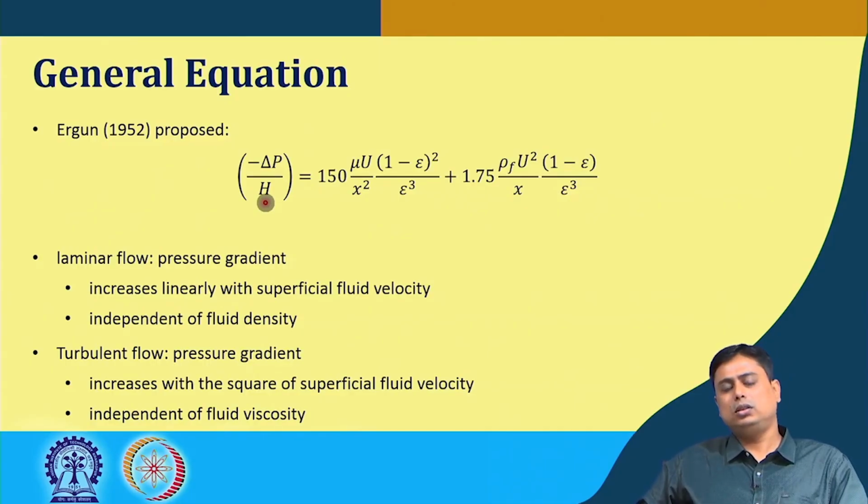Because you have seen in the last class that K3 depends on the shape and the surface property of the object, and it is numerically close to 5, that comes from several experimental values. We call these empirically fitted constant values: you do thousands of experiments, try to fit them with a best fit curve, and doing so you come up with several constants. So, 150 and 1.75 are basically such values.